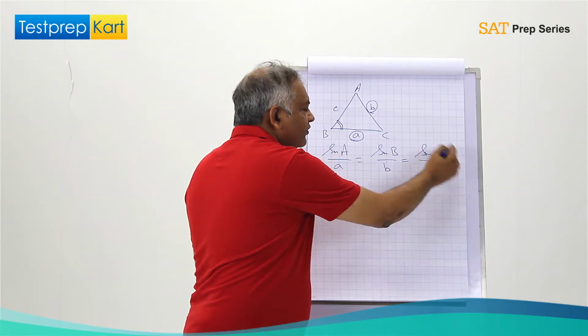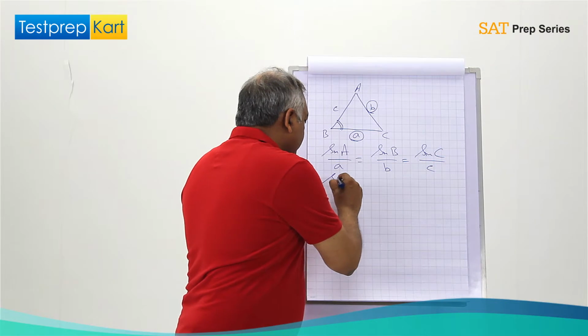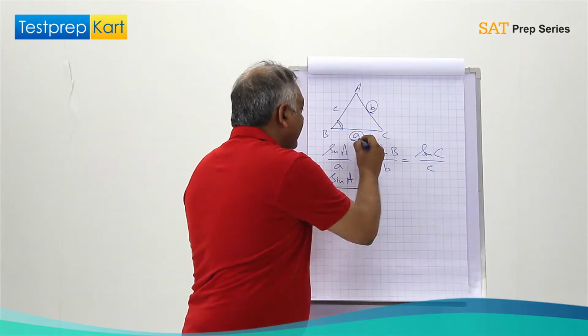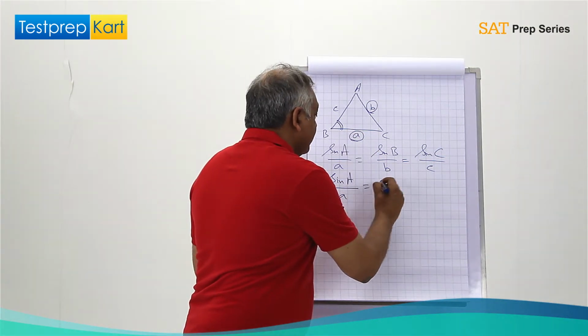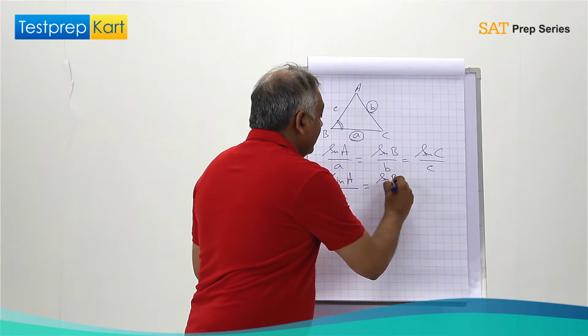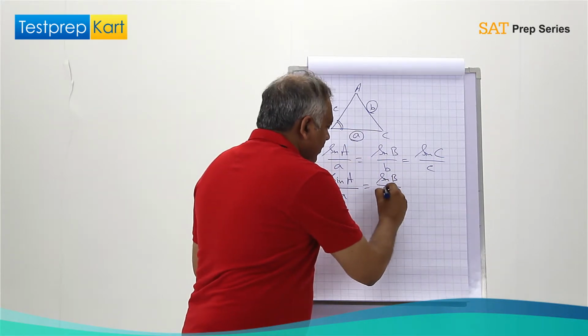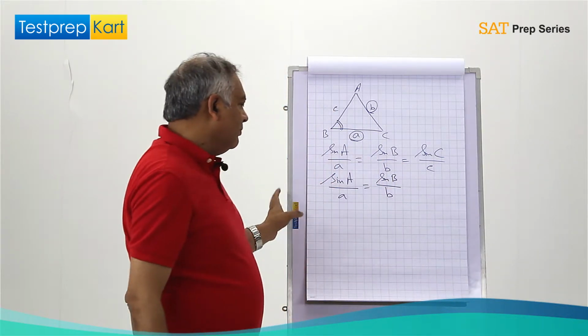I will not use this third part. What we can do is sine A divided by a, which is known, is equal to sine B, which is a known value, divided by b.